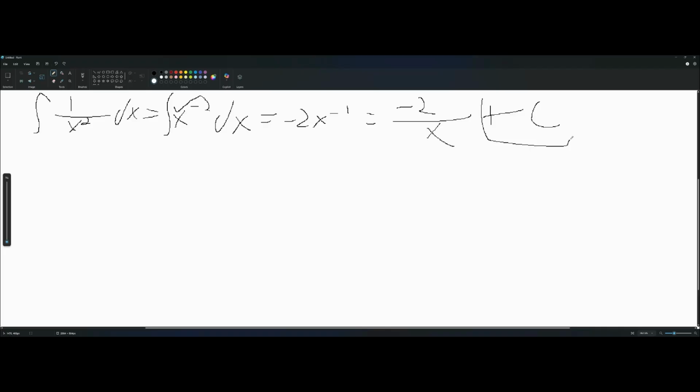But why do we add the c? Well, say if we were to take the derivative of this constant, that is just equal to 0, right? Because let's graph this. Say this is y equals c.